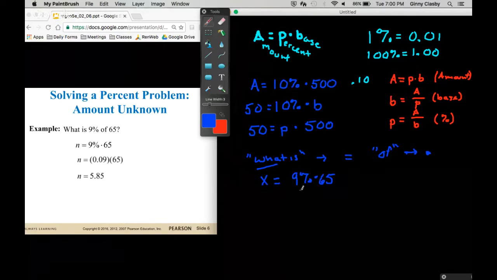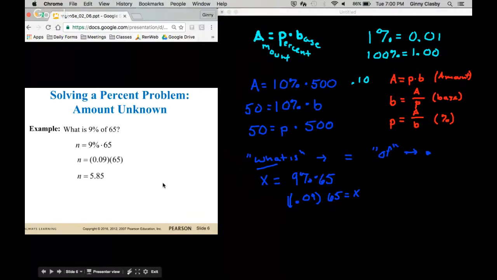Now what this walks you through is it does change that to a decimal for you. So the decimal for 9% would be 0.09 times 65, and that's going to equal your x. When you do that out, you get 5.85.